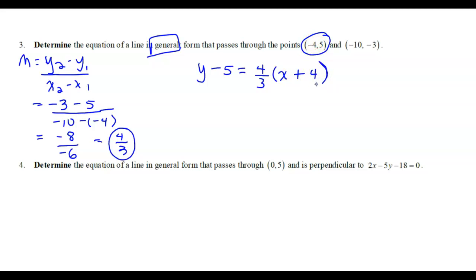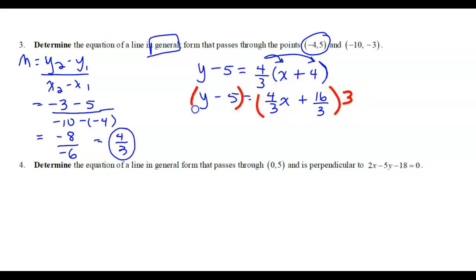Okay. Then got to get rid of the brackets, get rid of any fractions. So y minus 5 equals 4/3 x plus 16/3. You got to distribute that. So I'm going to multiply both sides by 3. Common denominator.